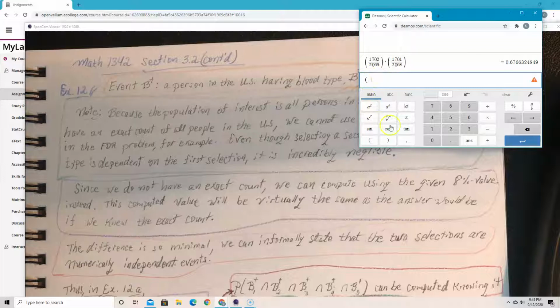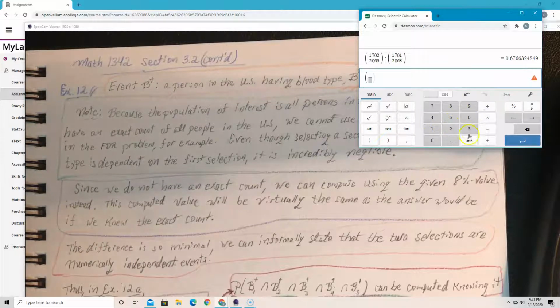Well, let me just do it with something not so big. Okay, whatever. So let's just say in the denominator we had 380 million people.